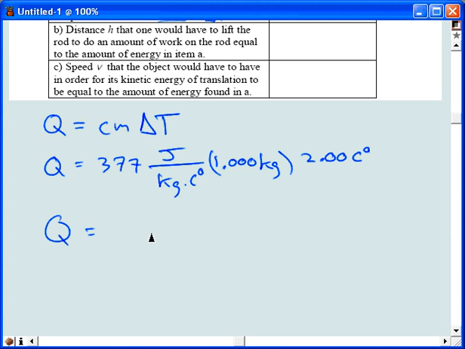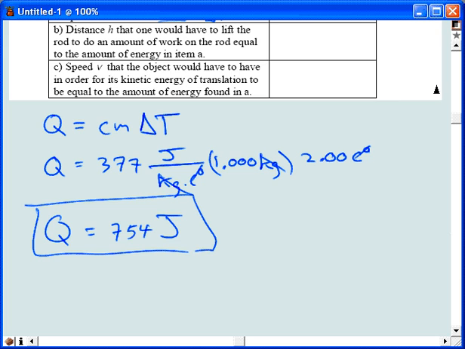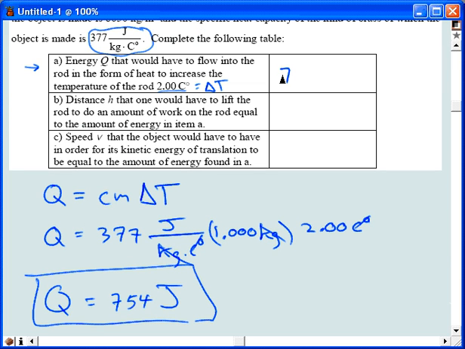Let's see, 2 times 7, it just turns out to be 2 times 377. 2 sevens is 14, carry the 1, that's 15, 2 threes is 6, carry the 1, that's 754 joules. Alrighty, so we can plug that in there.